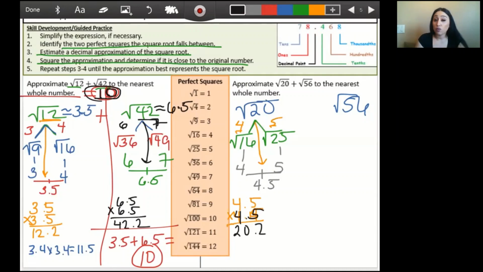Actually, it's really close, and we went over just by 0.2, but not by much. So I'm going to stick with 4.5. So the square root of 20, I'm going to put my approximation sign so you guys can see, is about 4.5.